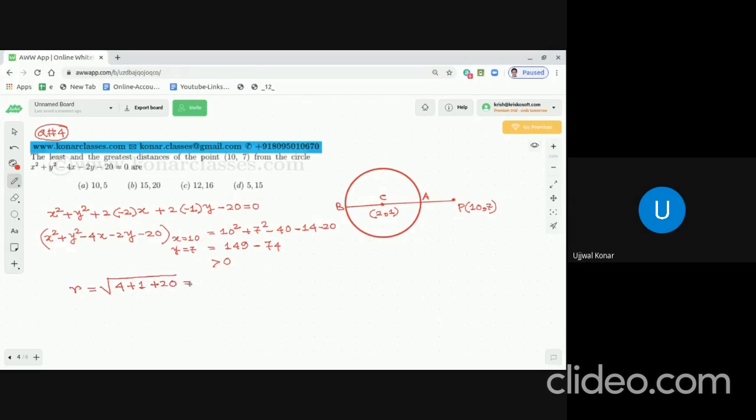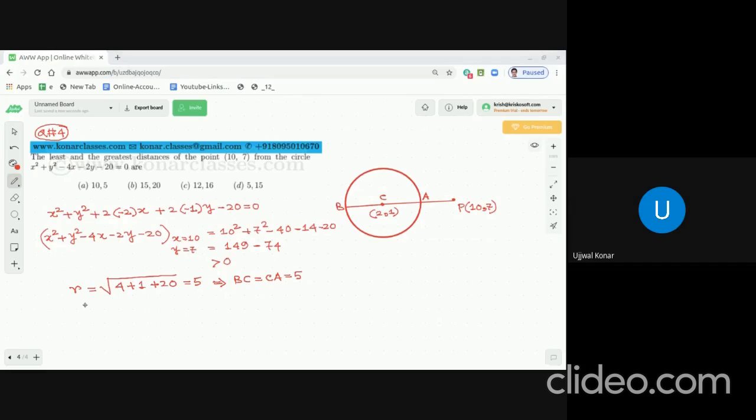So that is equal to 5 units. So we found the value of r. R is actually AC or BC, that is BC or CA, equal to 5 units.